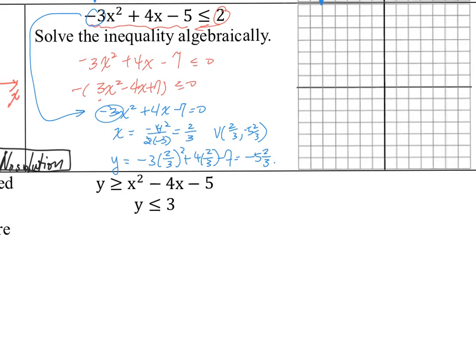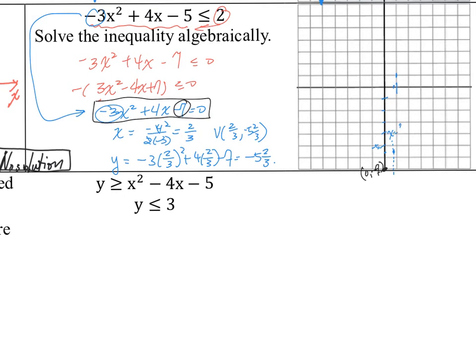So I'm going to roughly graph this. This is 1, this would be about 2/3. Negative 1, negative 2, negative 3, negative 4, negative 5. Then 2/3, negative 5 2/3 about here. So my vertex will be here. If we look at this quadratic equation again, our y-intercept will be here at 0, negative 7, and the axis of symmetry is at x equals 2/3.